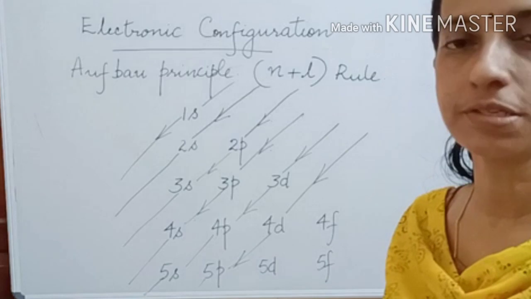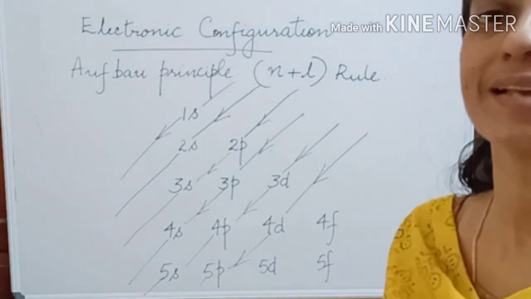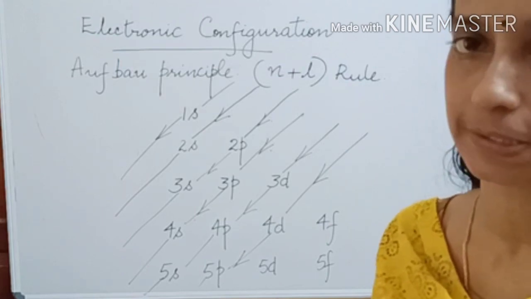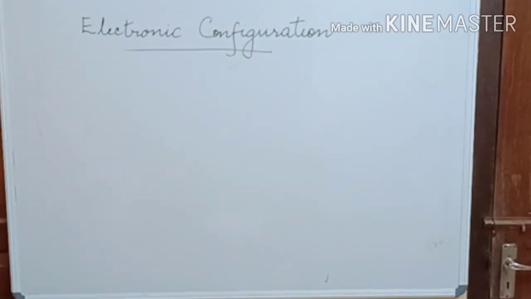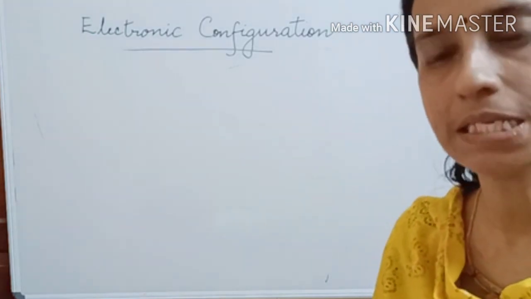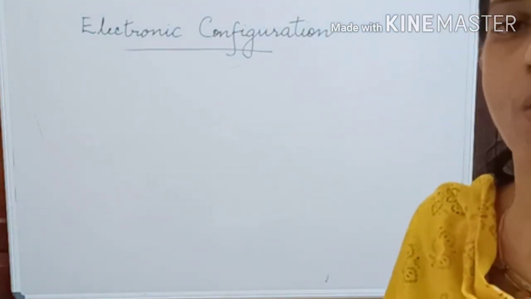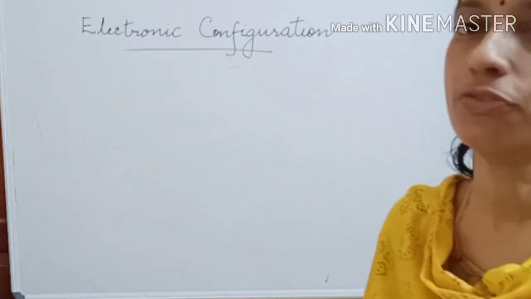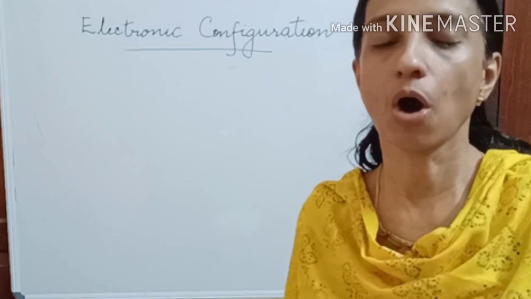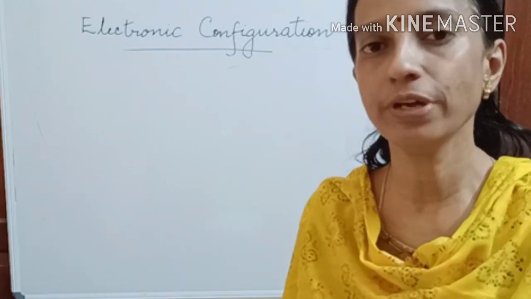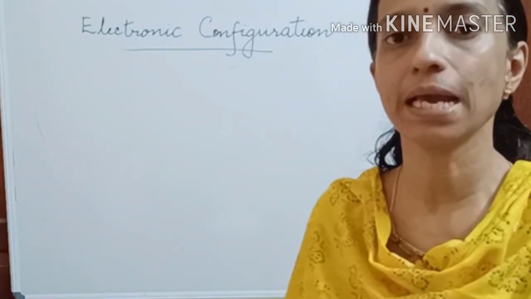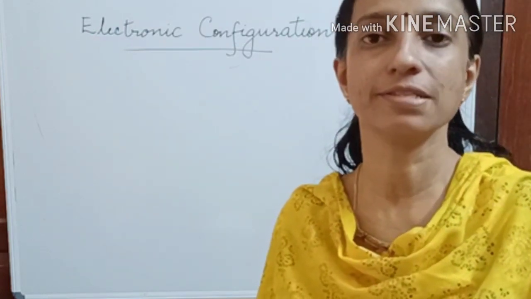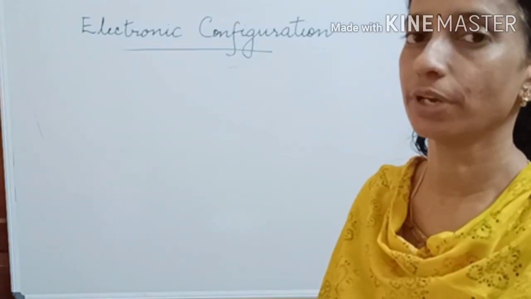Coming to the last rule, which is known as the extra stability of half-filled and fully filled orbitals. In the case of degenerate orbitals, when we check the stability of the different orbitals, we find that half-filled orbitals and completely filled degenerate orbitals have extra stability due to their exchange energies and the symmetry in the filling up of electrons.